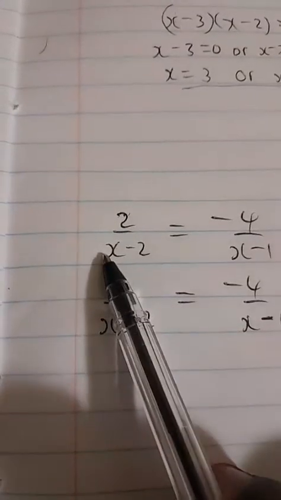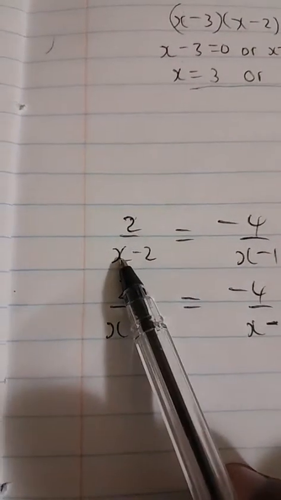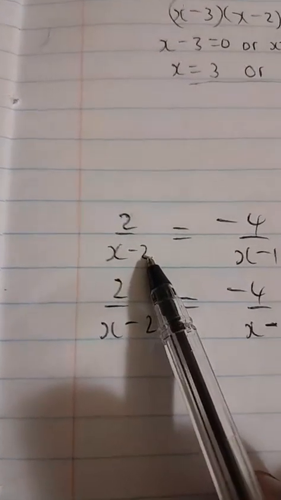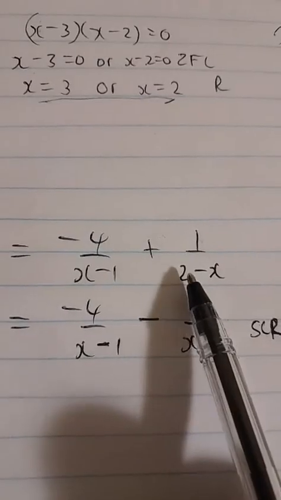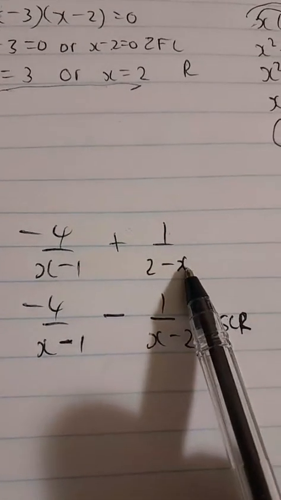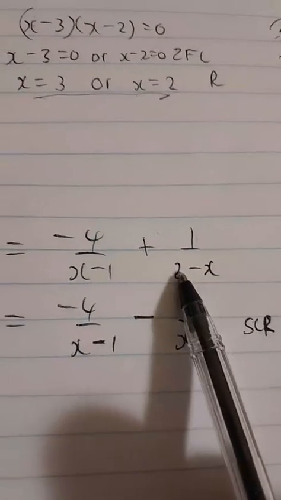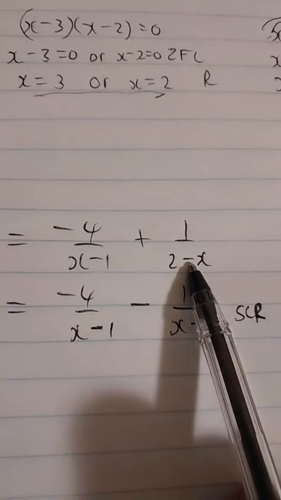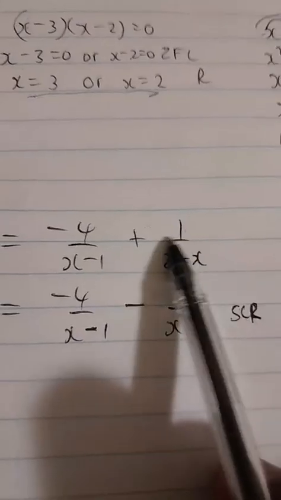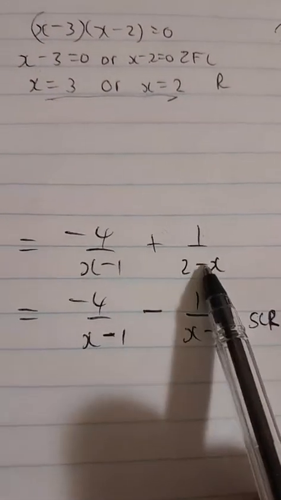SCR, the procedure that we apply when we have an expression. See guys, there's x, which is our first term, followed by a constant. This denominator, it's a constant followed by the x term. But the x term is actually negative, right? So what we do, we apply the sign change rule.